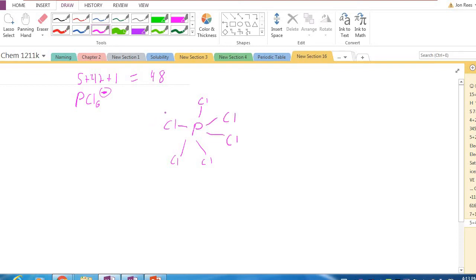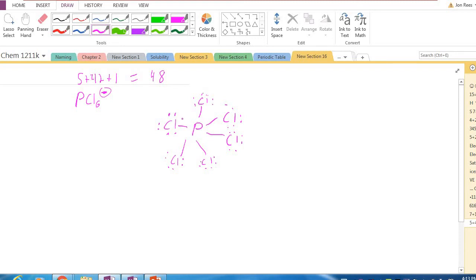Then I have to add valence electrons, so let's complete those octets. Okay, so there is my Lewis dot structure so far.